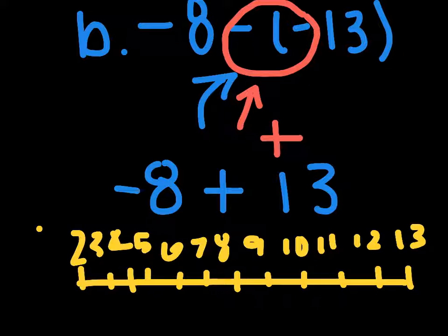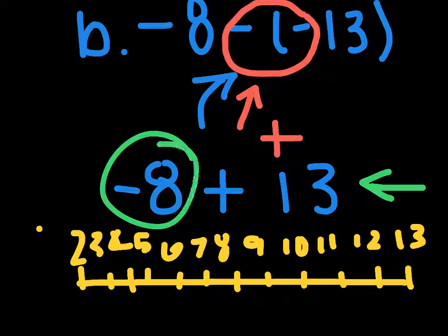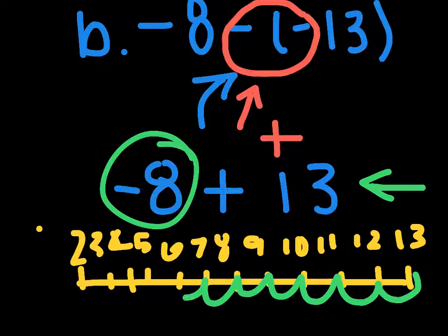And we're going to go left. And why are we going left? Because we are subtracting. We're going the negative way. The negative way is always to the left. Remember that. So 1, 2, 3, 4, 5, 6, 7, 8. What number is that? 5. So 13 plus negative 8 equals 5.